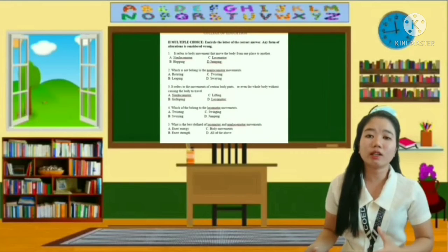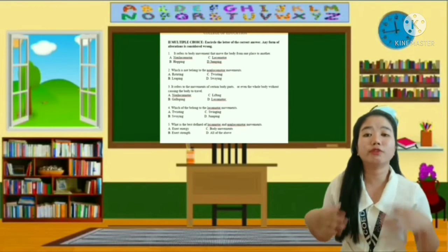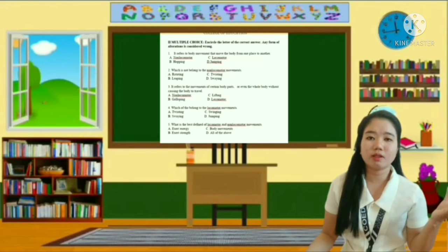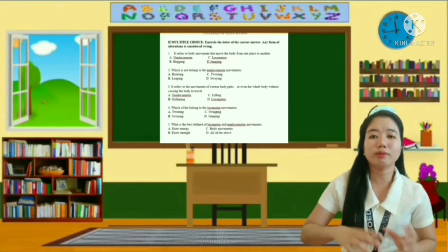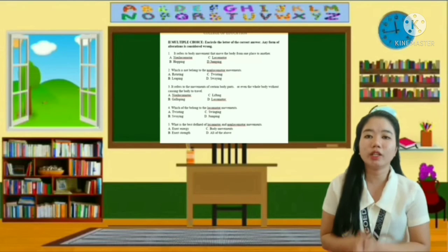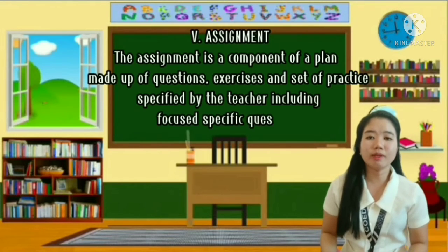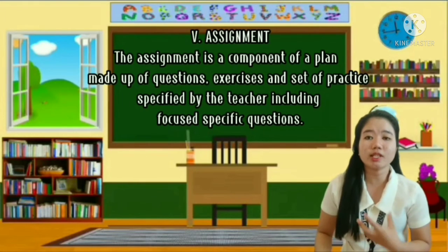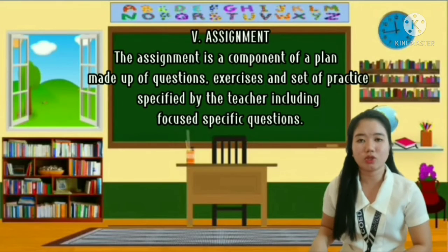If you conduct an evaluation, it can take the form of a formative test consisting of 5 to 10 items, multiple choice questions after the lesson. So, we can determine the mastery of the learning of the students. For the assignment, it is the component of a plan made of questions and exercises and a set of practice specified by the teacher, including focus-specific questions.